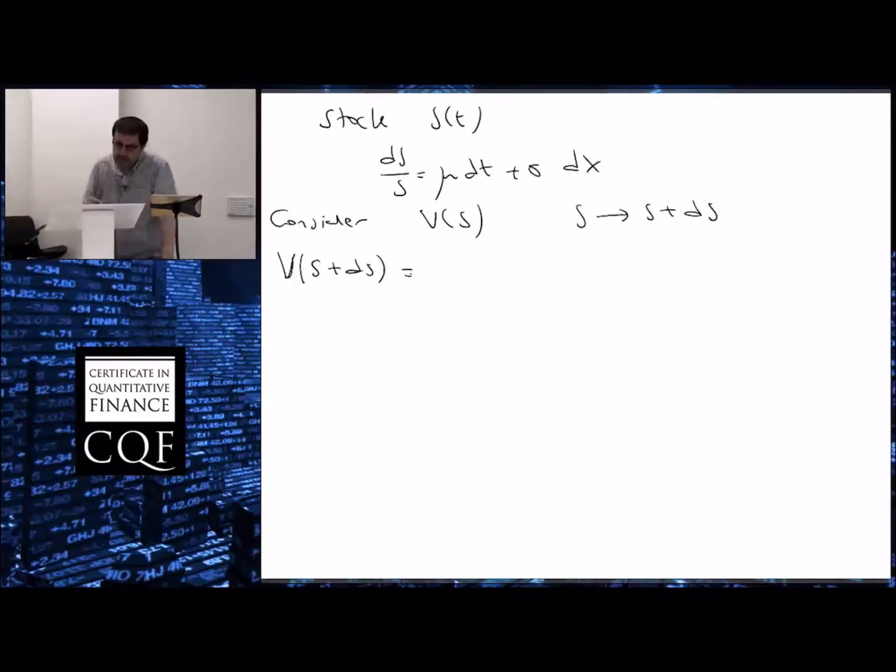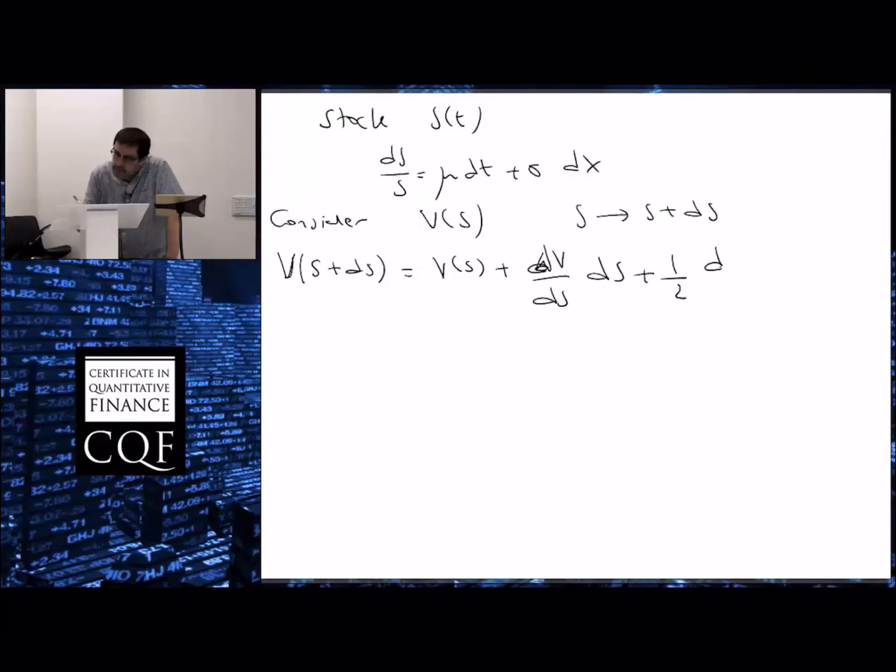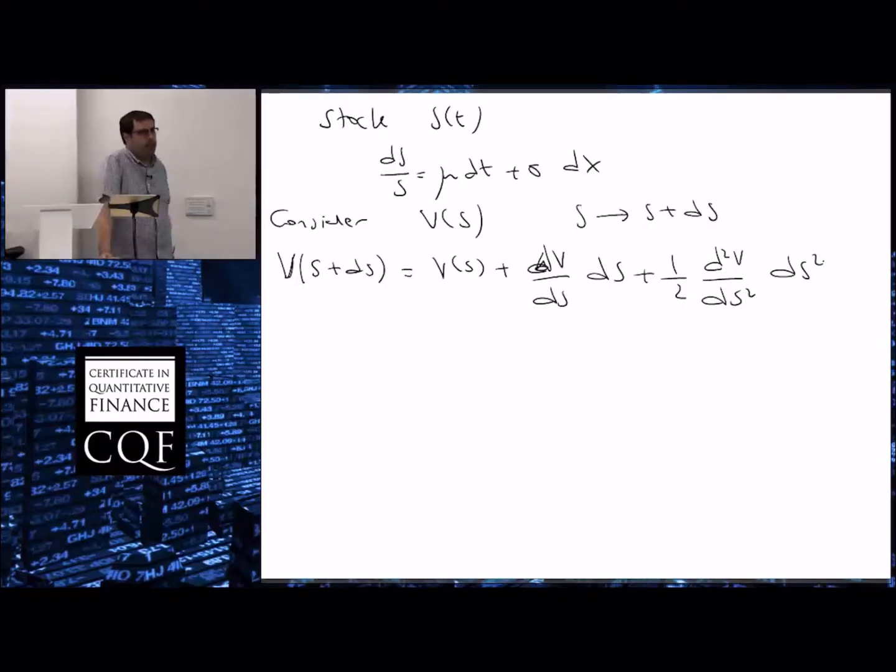So Taylor gives us V of S plus dV by dS plus a half d squared V by dS squared. And we'll stop there, for the reasons we mentioned the other day, that after that the orders become smaller and smaller. Remember, we're only going as far as anything that's attached to a dt term.